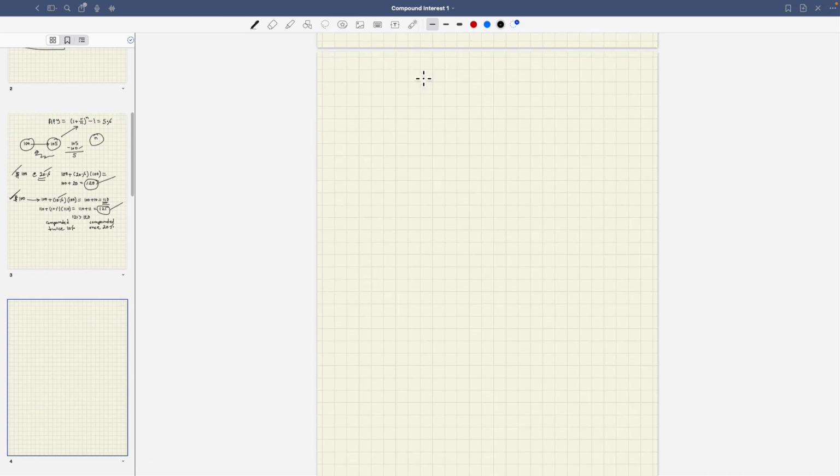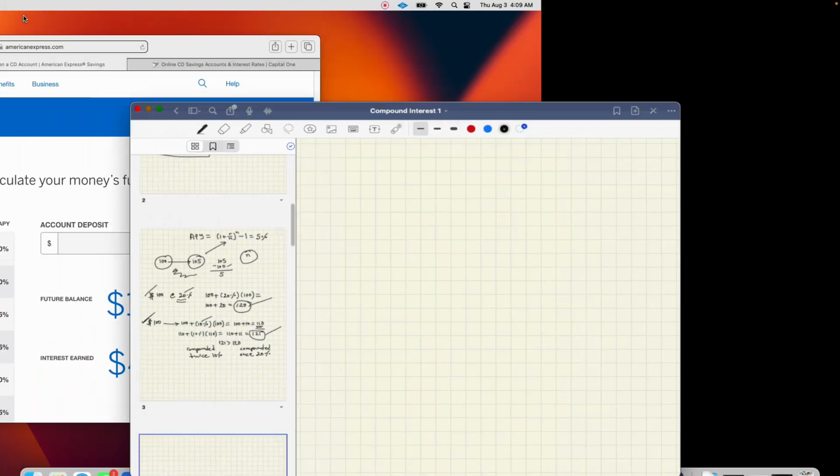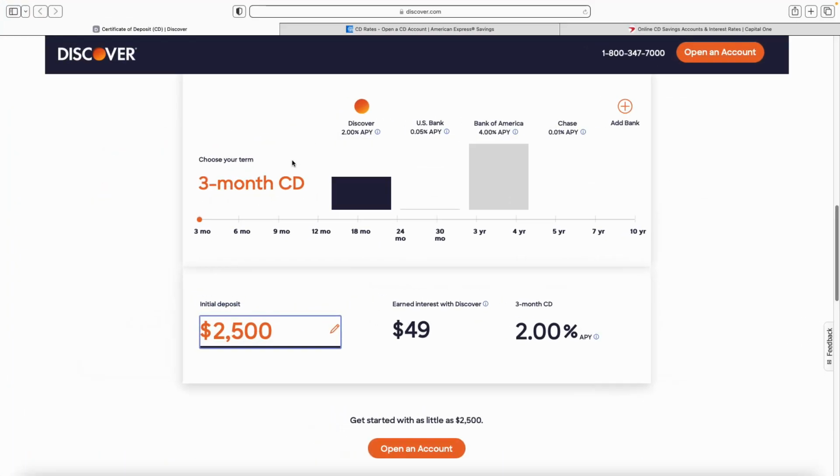So when they say, let's work a real example. Let's work with Discover, and let's say the minimum you deposit is $2,500, which is the minimum you can deposit with them, and you put it in for 3 months, that's fine, 3 months.